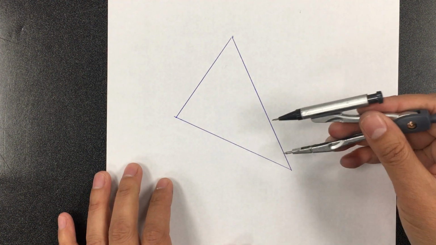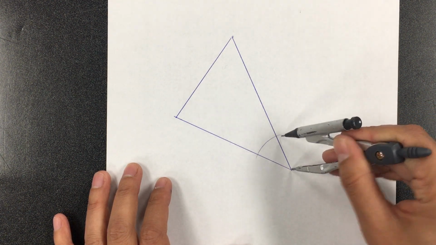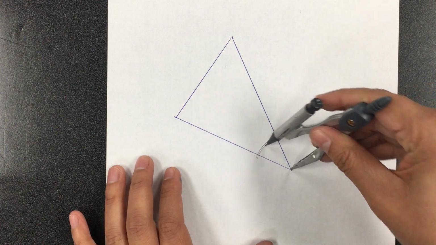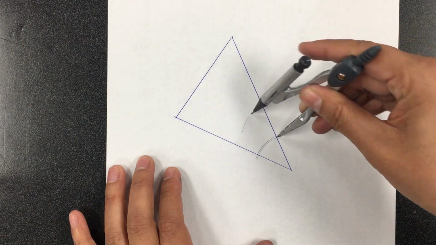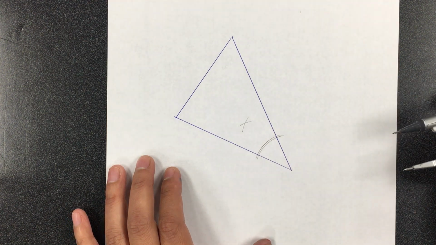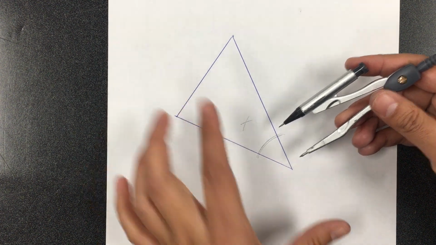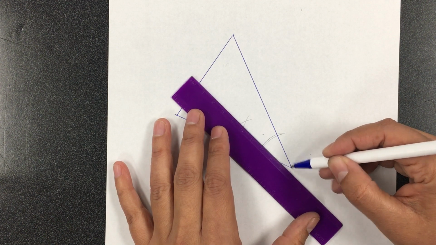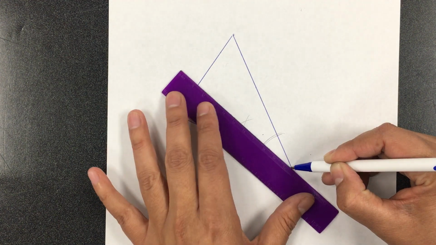The way that you do the angle bisectors is by creating an arc. You draw an arc. Then from that intersection, you'll draw another arc. It doesn't matter if you open it a little bit or close it a little bit more, as long as you're able to create this angle bisector. So by doing this, you're already cutting this angle into two equal angles.